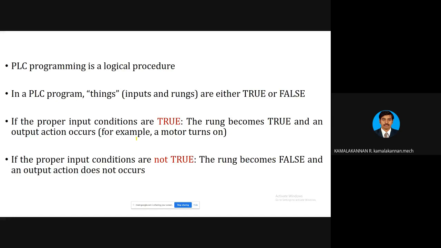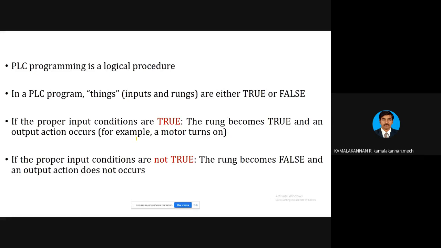Likewise, if the proper input conditions are true, then the rung becomes true and an output action occurs. If you want a true condition and that gets true, then in the rung the current will flow and you will get output. If the proper input condition is not true, then the rung becomes false and the output does not occur.